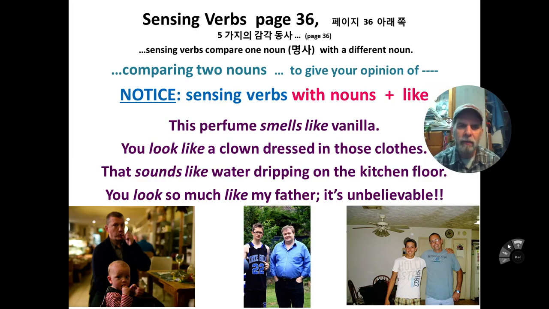Notice you have to use like. 명사 plus like plus 명사. Number one, this perfume smells like vanilla. Perfume is a 명사. Vanilla is a 명사, here, not a 형용사.